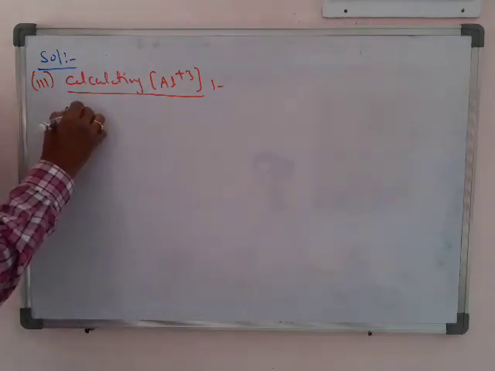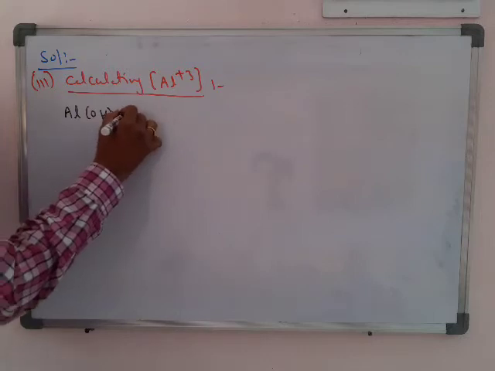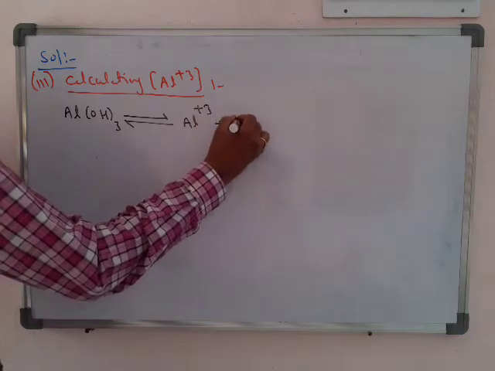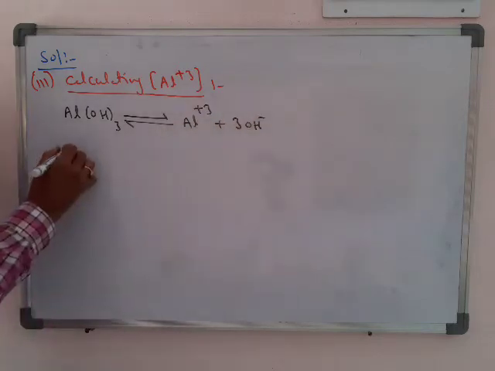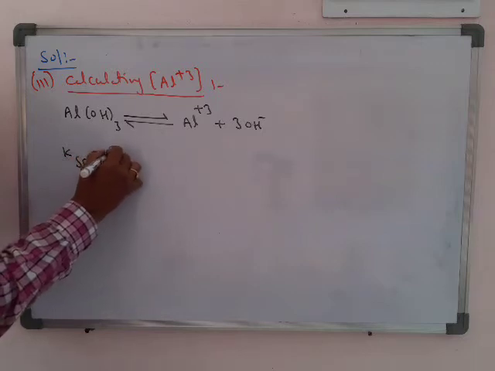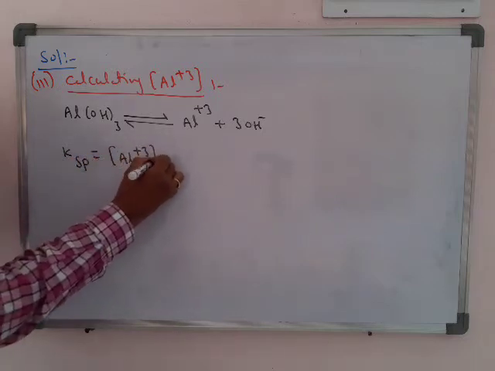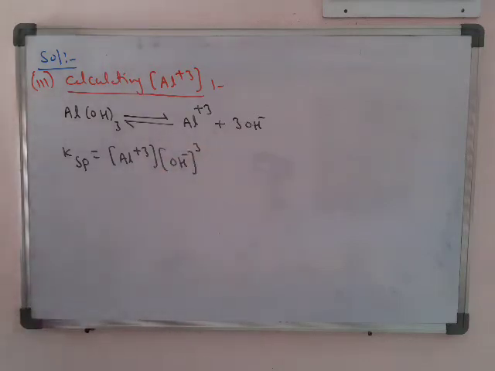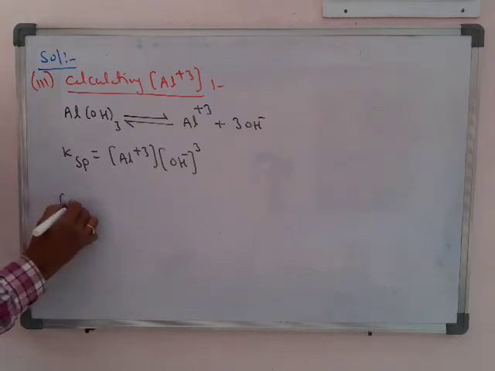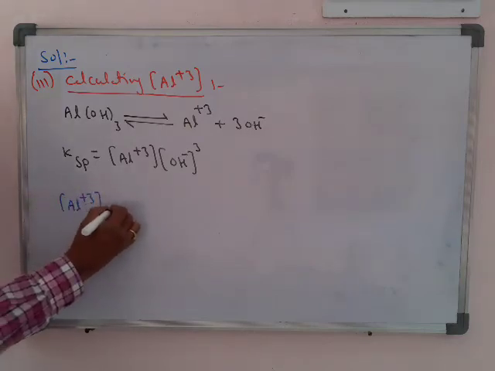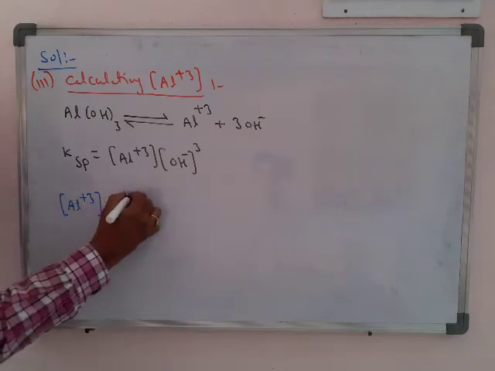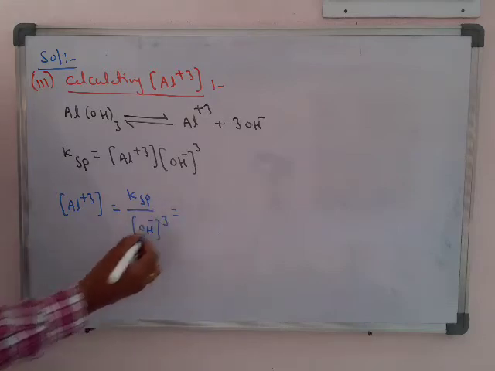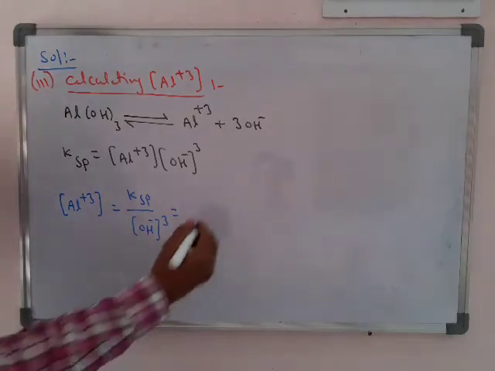For Al plus 3 concentration, information is given for aluminum hydroxide. So the Ksp of aluminum hydroxide is given.